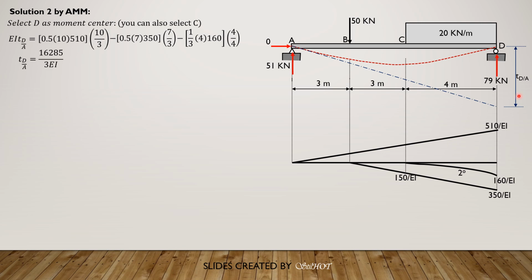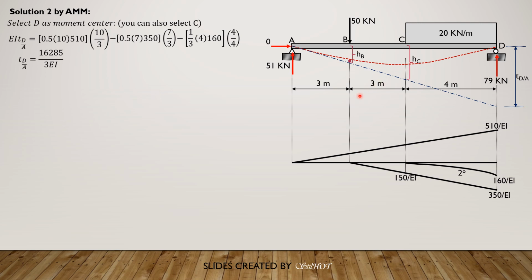Now that we have found it, we can compute these values. Call this H sub B, this one H sub C, by similar triangles. Theta A, which is negative, is the negative of the deviation of D relative to A divided by 10.